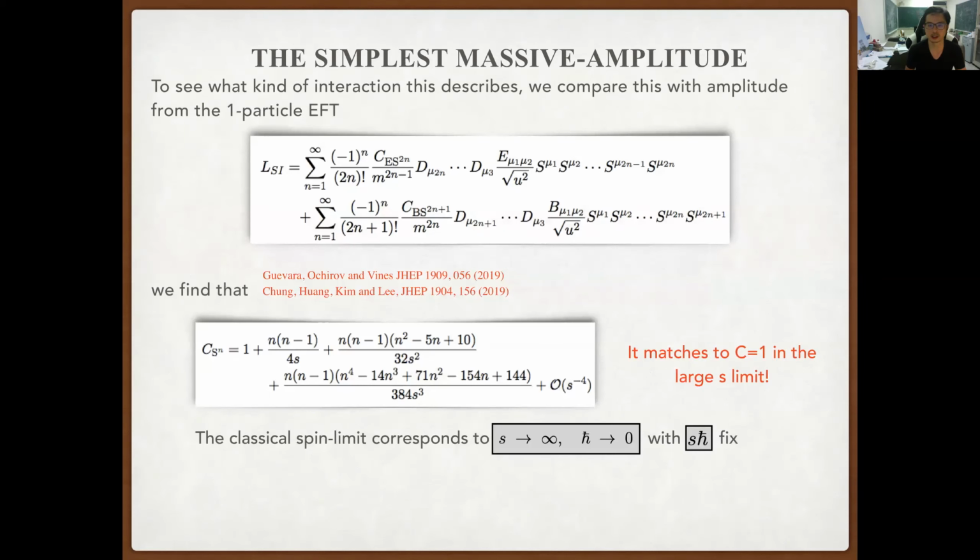To answer this question, we can go back to the worldline action, where all the couplings are given in terms of Wilson coefficients. And we can take our minimal coupling and match onto this worldline action.